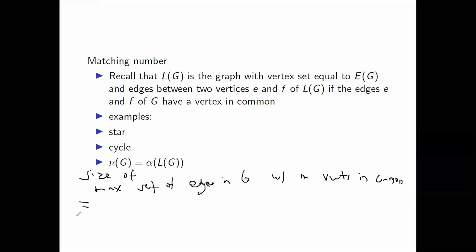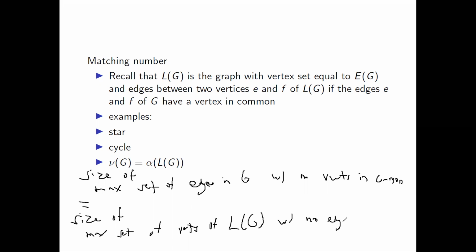And this is the same as the size of a max set of vertices of L of G. And the edges in G are literally the vertices in L of G. So what we just switched there, that's just by definition. So edges in G to vertices of L of G. And these vertices of L of G have no edge between them.